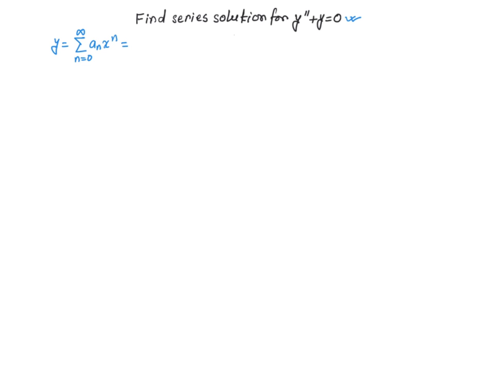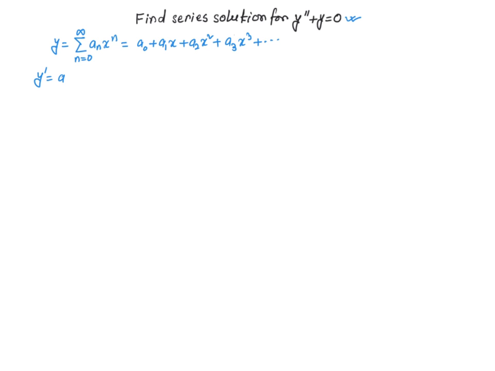Now this could be expanded to a0 plus a1 x plus a2 x squared plus a3 x cubed plus dot dot dot. That gives me the y value. Now what is y prime? It's easy, just take the derivative term by term.